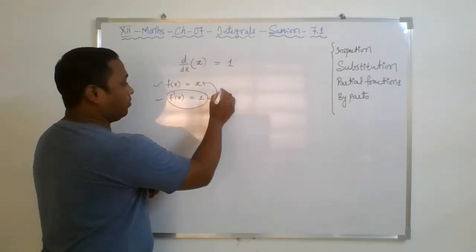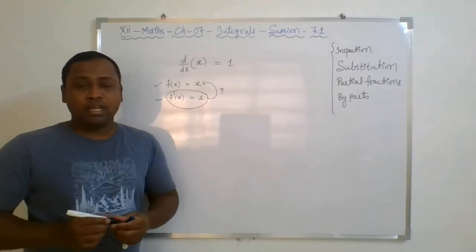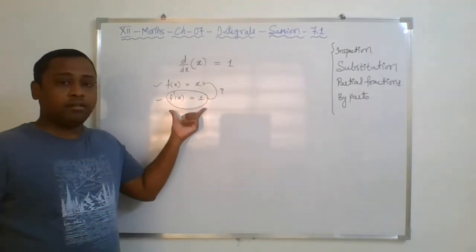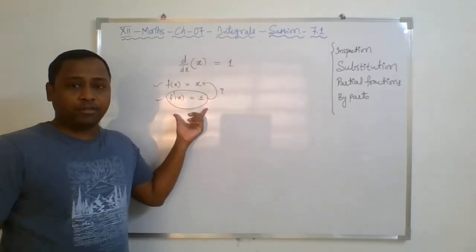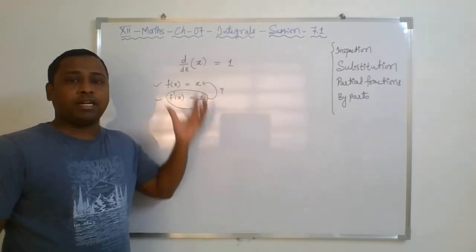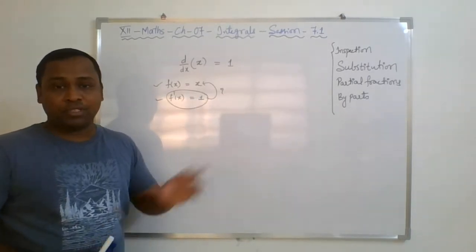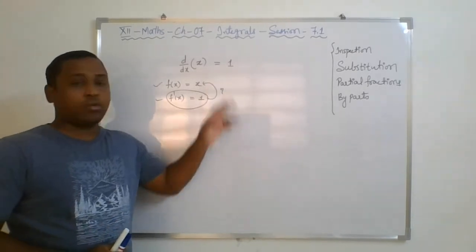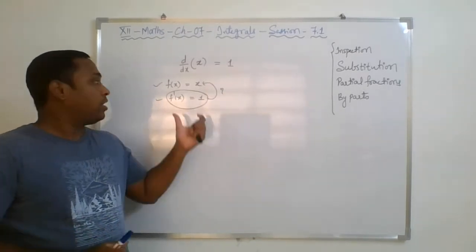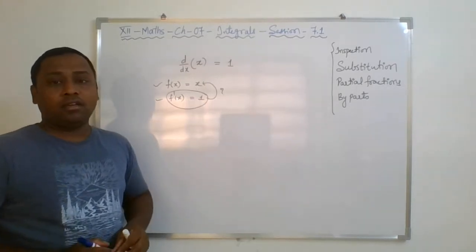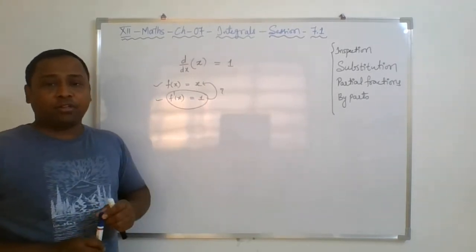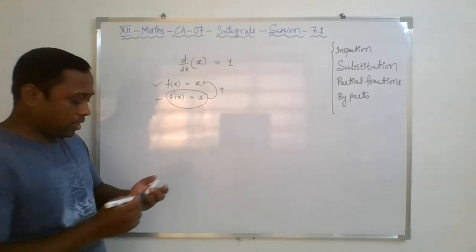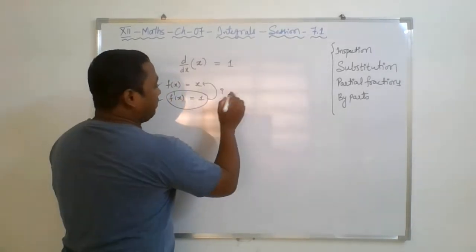That's the question. If you are given the derivative of a particular function, are you able to find its original function? It's a completely reverse process. The reverse process of finding the parent function or original function is called antiderivative.